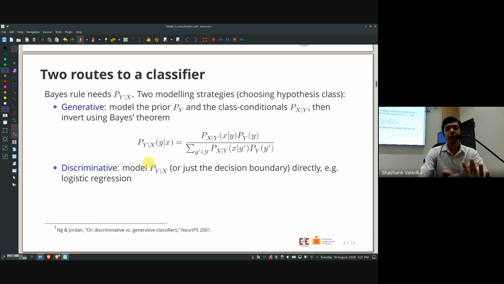Right? So in the end, our problem with designing a predictor directly is, what is our goal? Our goal is to design a predictor which, given a particular x, outputs a class, one of finitely many discrete classes.